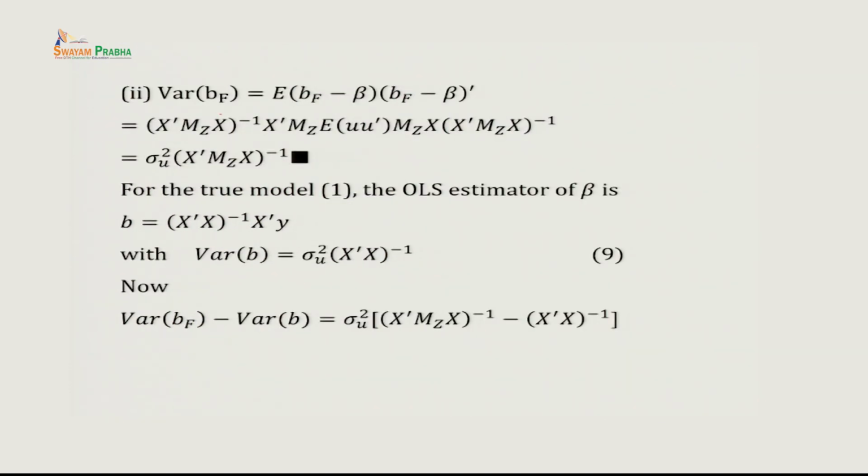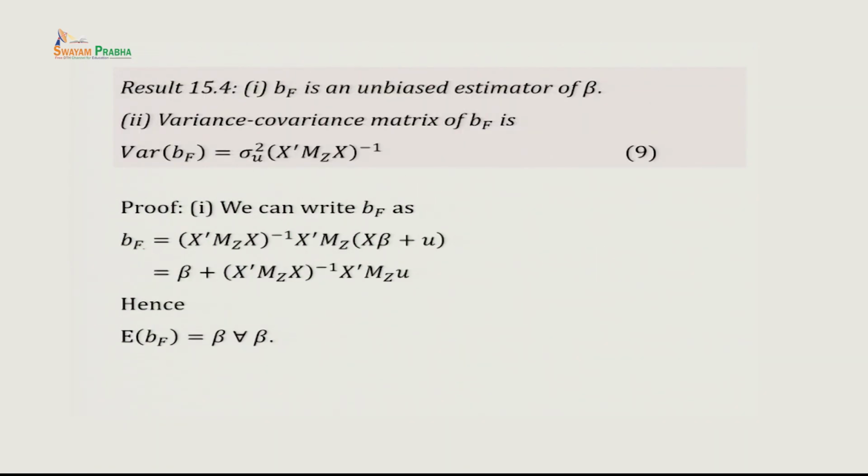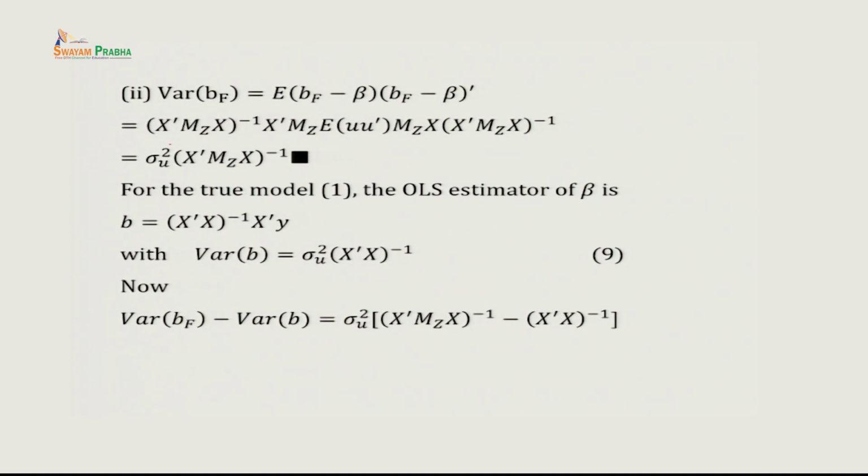Then the variance covariance matrix of B f is equal to expectation of B f minus beta times B f minus beta transpose. Then we substitute the value of B f minus beta from here, and then we obtain x transpose m z x inverse x transpose m z, expectation of u u transpose, m z x x transpose m z x inverse.